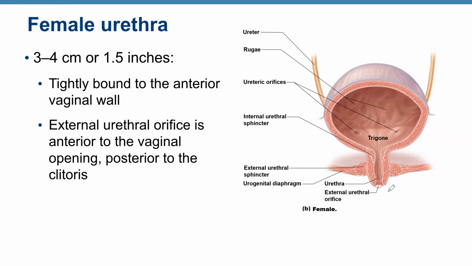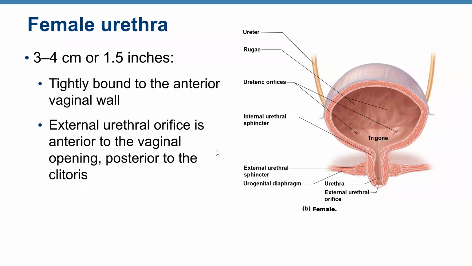So the urethral opening is anterior, and behind it will be the vaginal opening. You can see the trigone again over here, the internal urethral sphincter, and the external urethral sphincter through this part of the urogenital diaphragm or pelvic diaphragm or pelvic floor. Those are different names for the same structure.